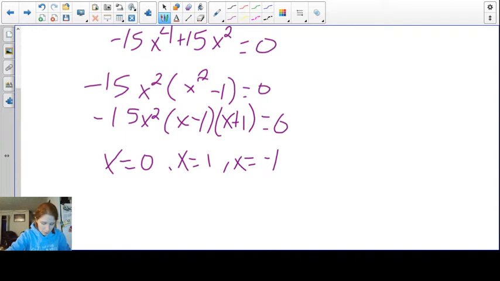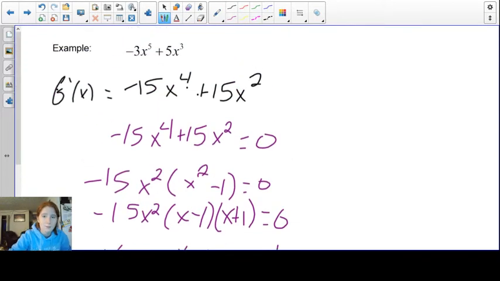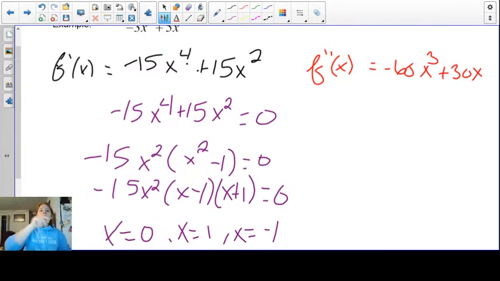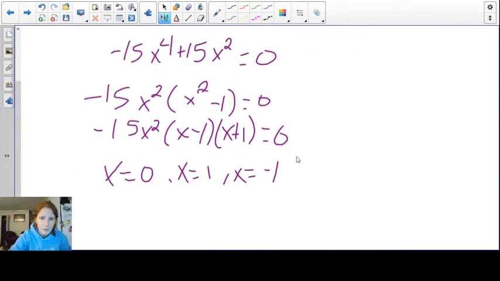So what I'm going to do is now take the second derivative, which will give me negative 60x cubed plus 30x. So these are my key guys here, my 0, my 1, and my negative 1.